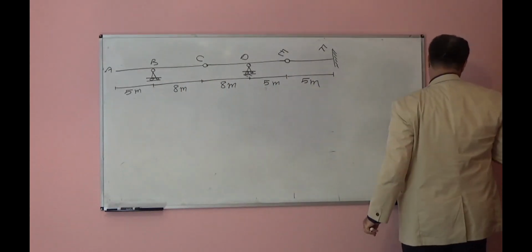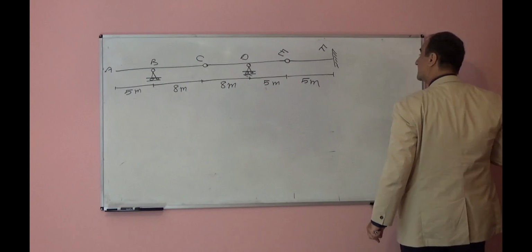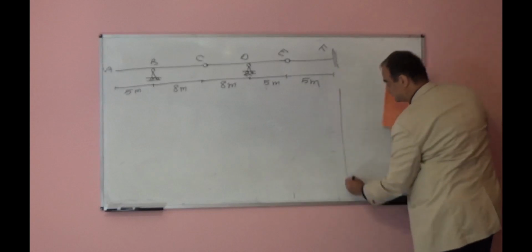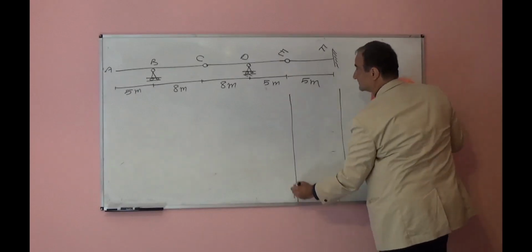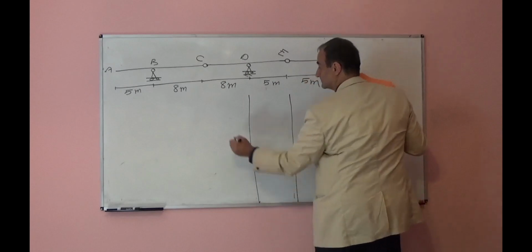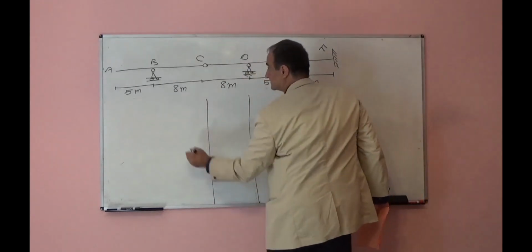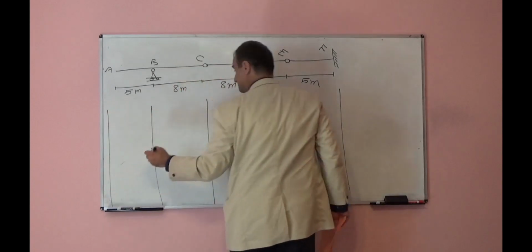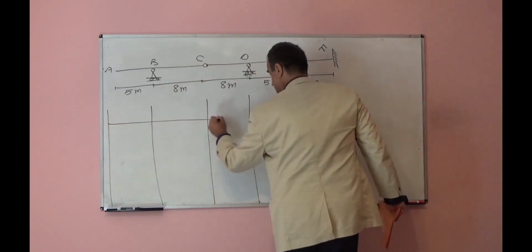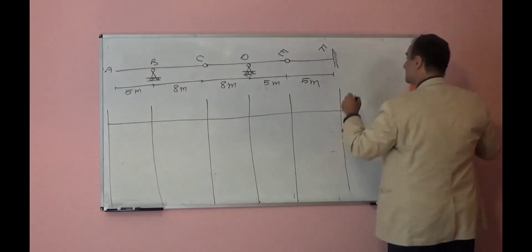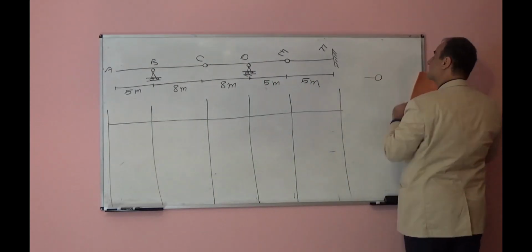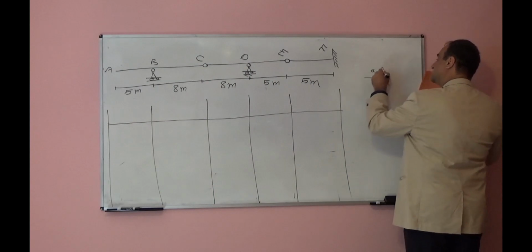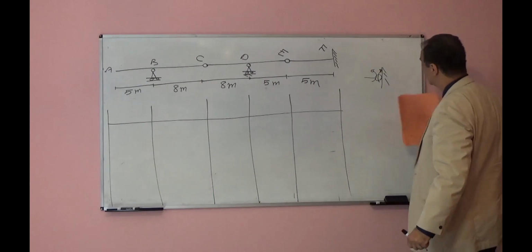Let's look at the influence line for moment at point F. At point F you will put one hinge and you will apply rotation in this direction, positive moment direction.